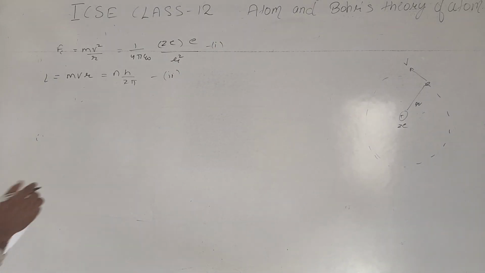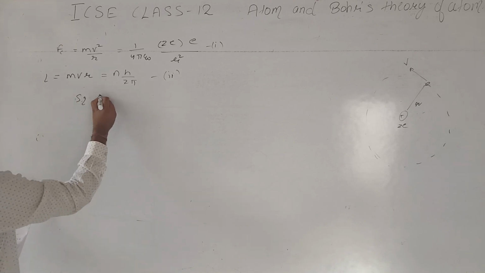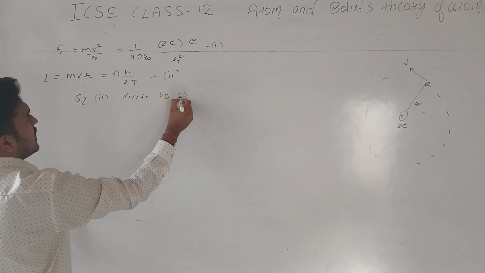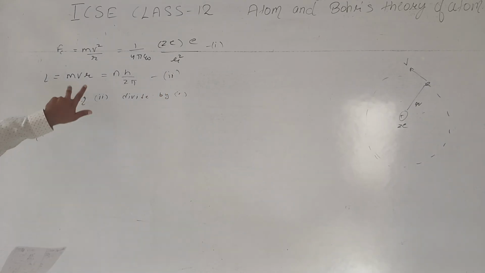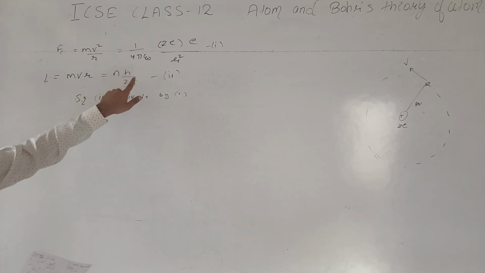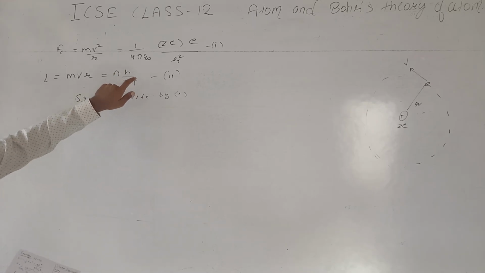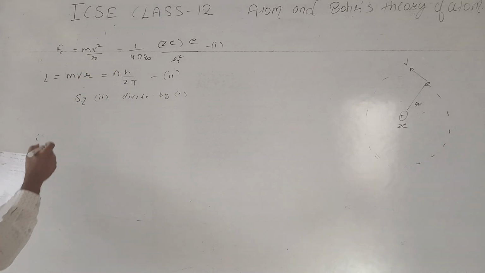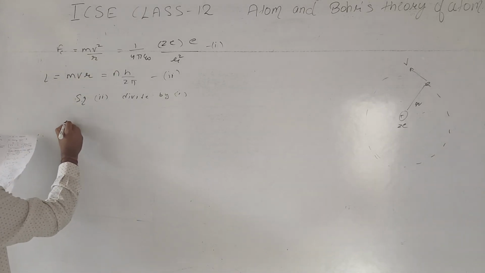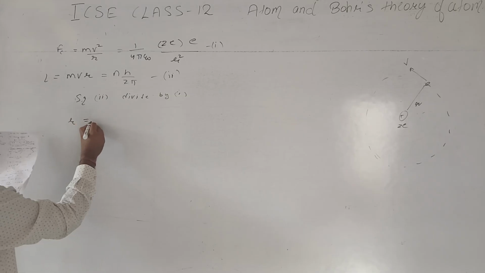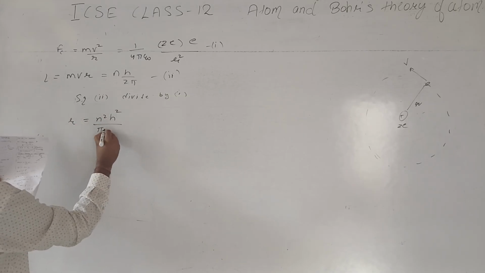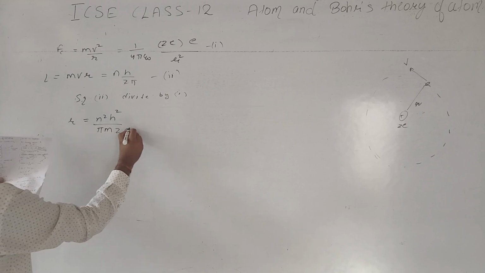So square equation number 2 and divide by equation 1. Squaring equation 2, m square v square r square is equal to n square h square upon 4 pi square, and then we divide this equation by equation number 1, and we get r is equal to n square h square upon pi m z e squared.